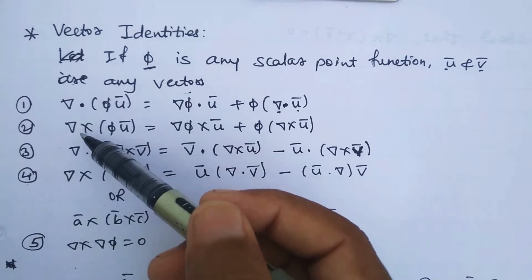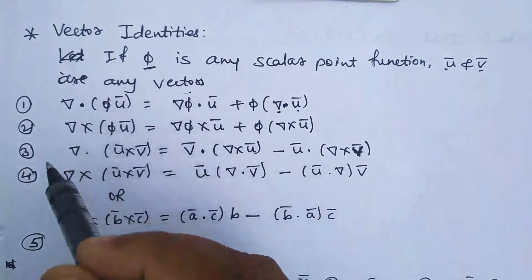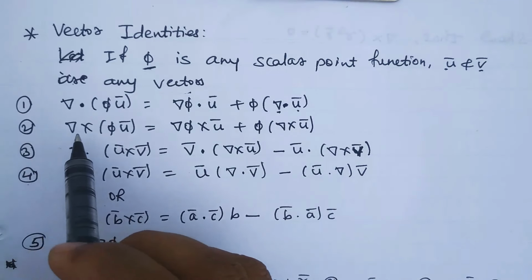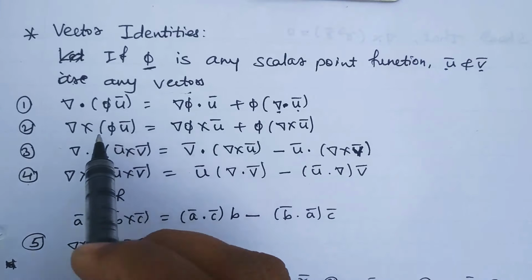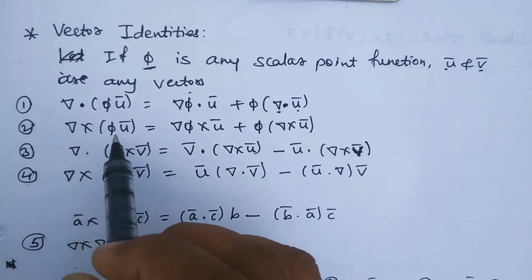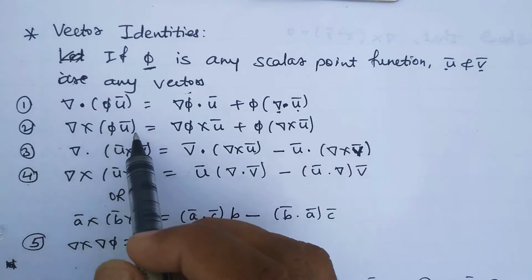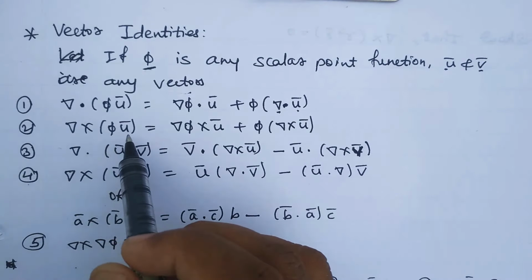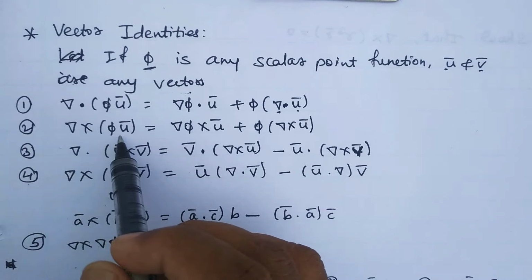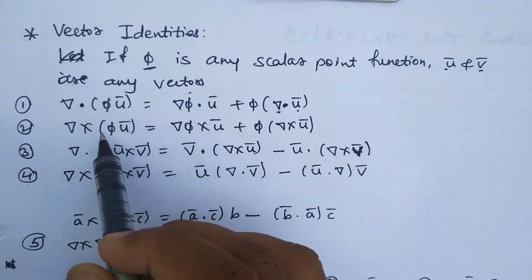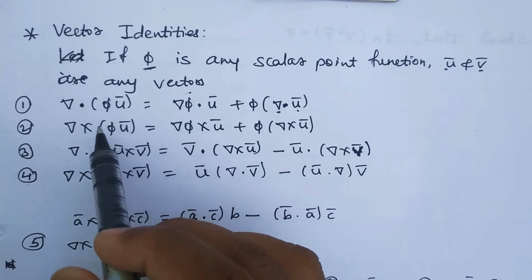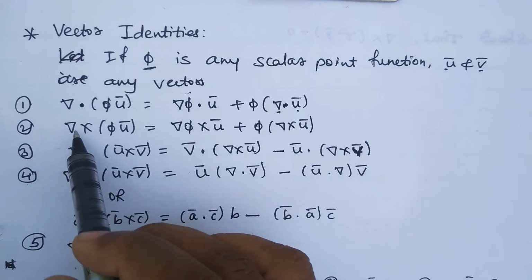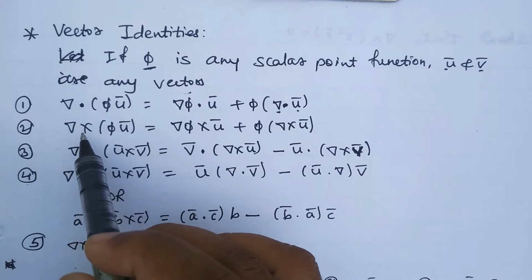Similarly, for the second identity, just replace dot by cross. So the second identity is del cross phi u bar. Again here del is a vector quantity, phi is a scalar quantity and u bar is a vector quantity. Phi is a scalar, u bar is a vector, so there is a usual multiplication between them. This bracket phi u bar is a vector quantity, and del is a vector quantity, so there is a cross product between them.